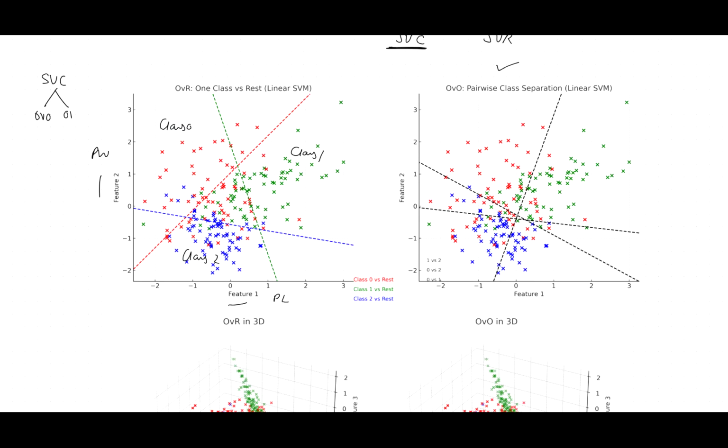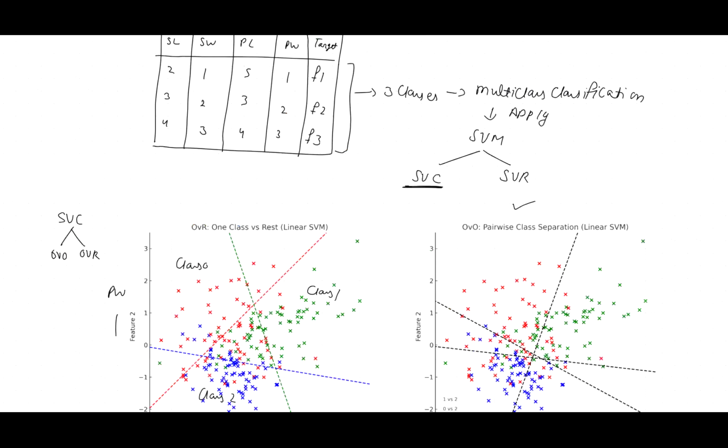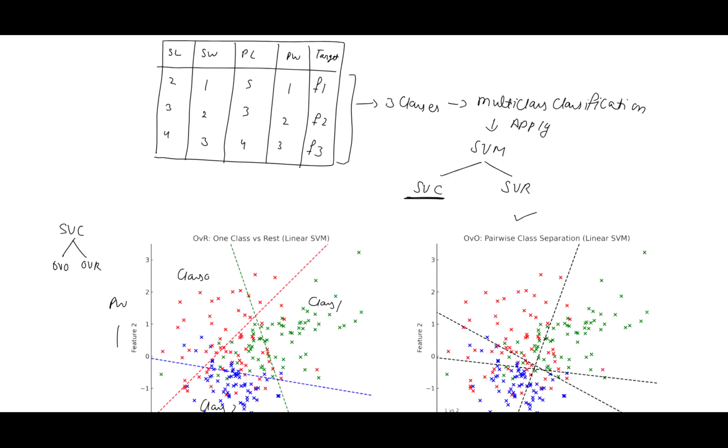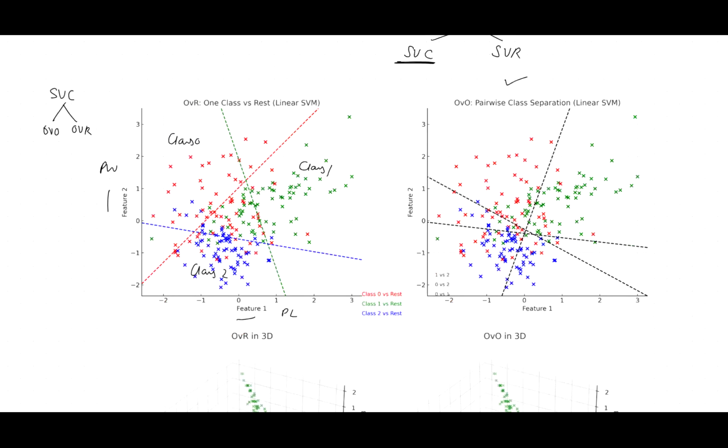I will first explain what OVO is. When you apply the SVC model on your multi-class classification, it will by default use this strategy. This is one class versus another class. So it is going to separate each class from the other class, but it will take them as a pair.